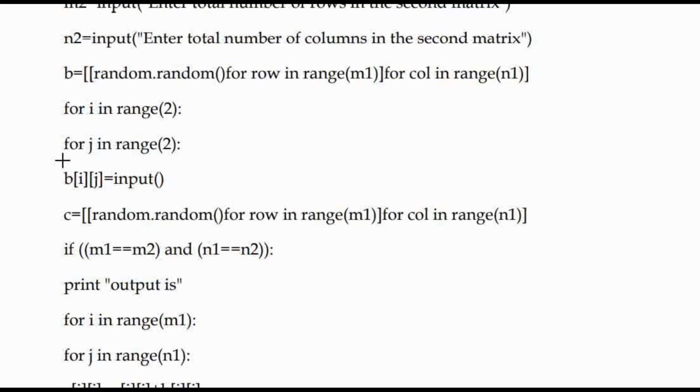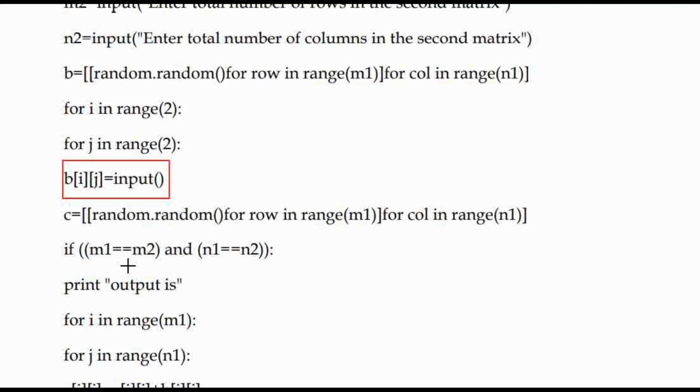It means whatever value is input from the keyboard, it will be assigned to a particular index of the list. C is equal to random.random function for row in range M1, for column in range N1.